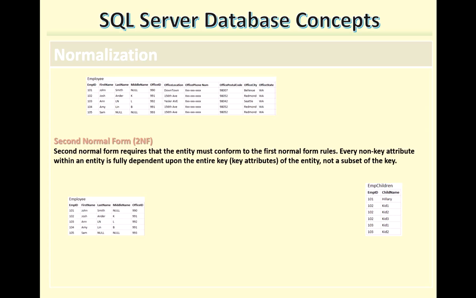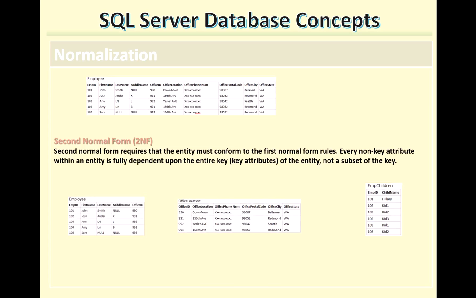One is the employee table that will have only employee ID, first name, last name, middle name and office ID. This data represents the employee. All the other office location details don't represent the employee, so we are separating that into a different entity. Now we have taken office details outside of employee.